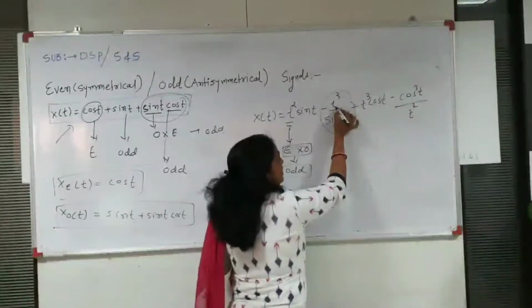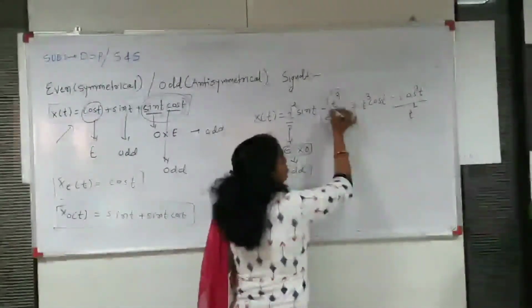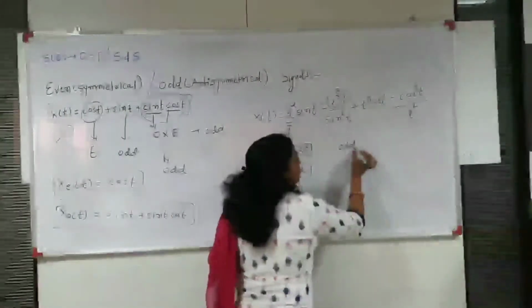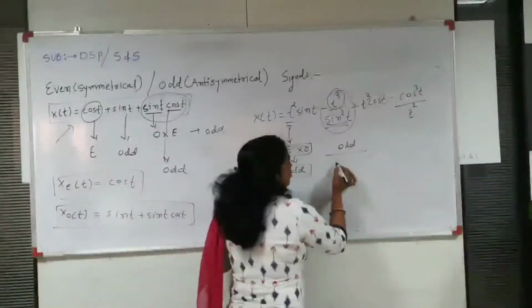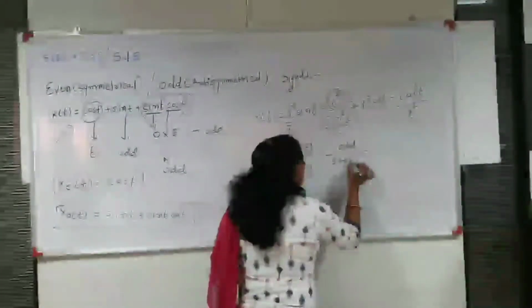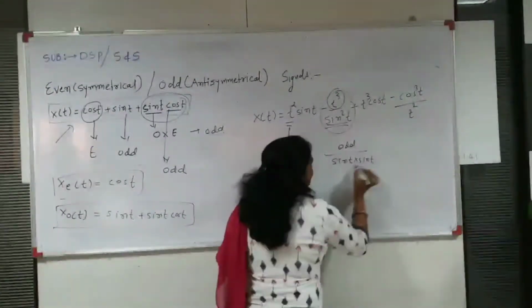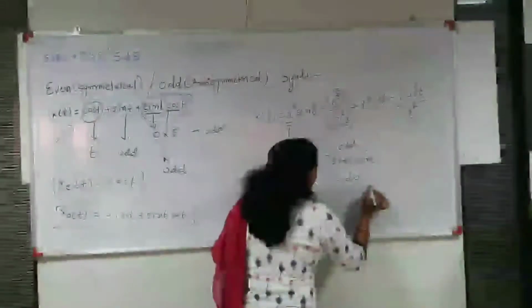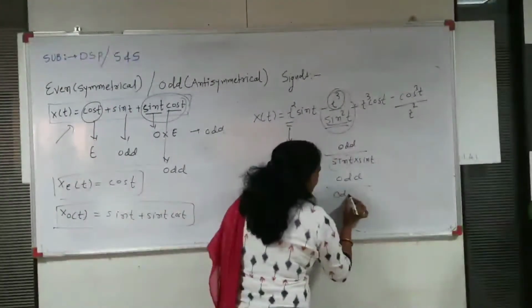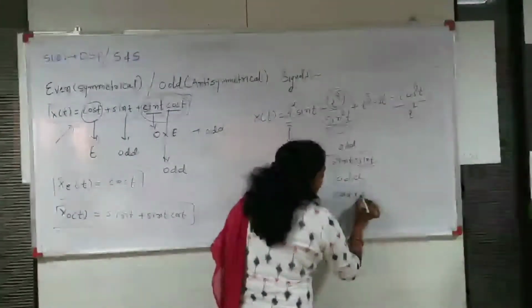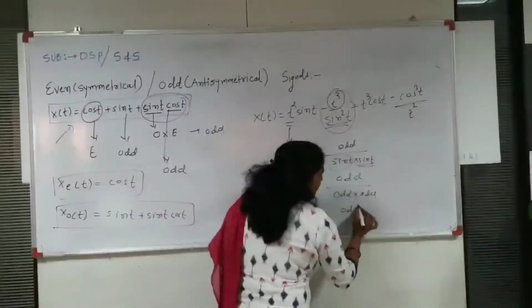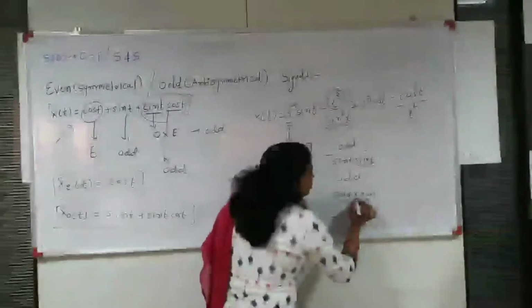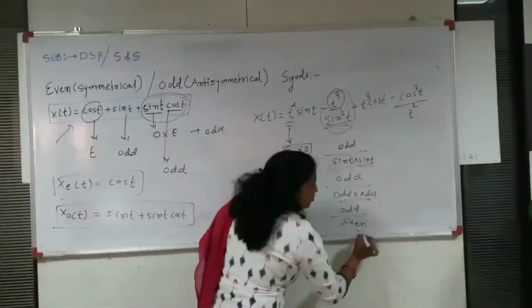Okay, so the minus t cube upon sin square t: this t cube is an odd signal, right, and sin square t is sin t into sin t. Since sin t is odd and this sin t is also odd, using the property, odd into odd is even.